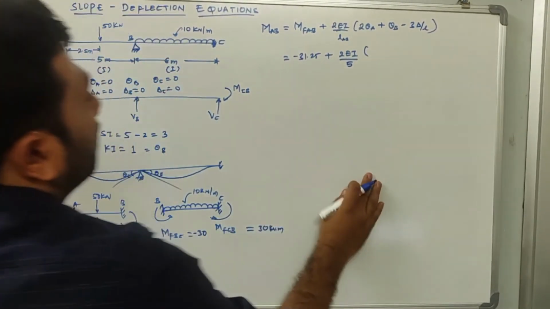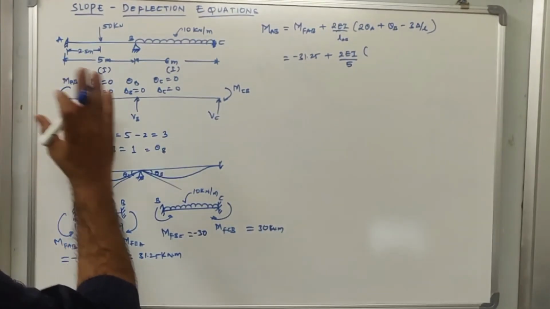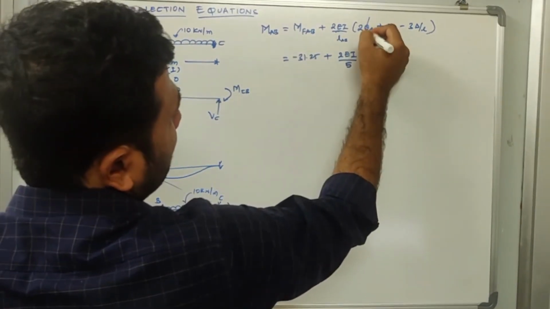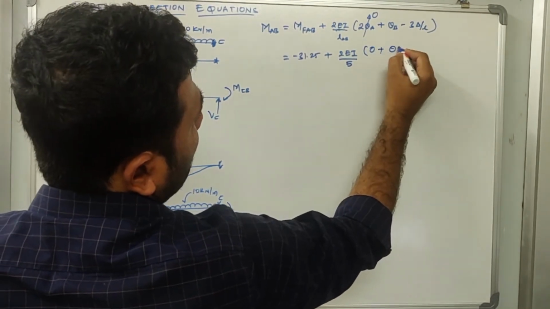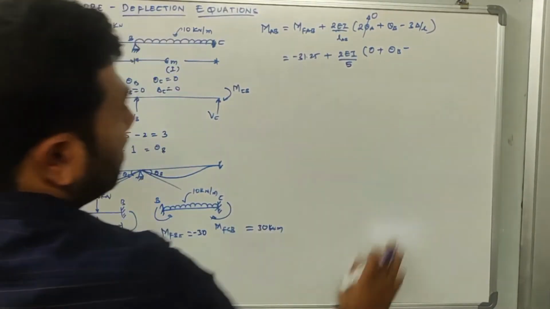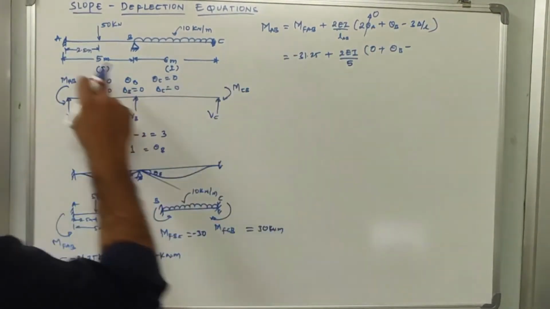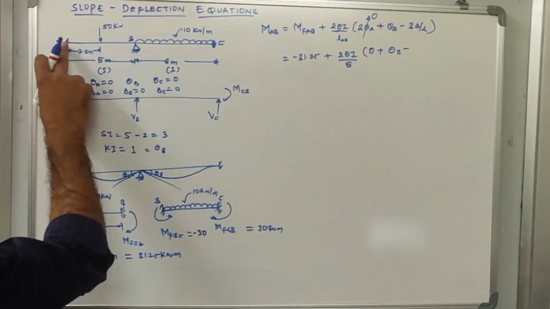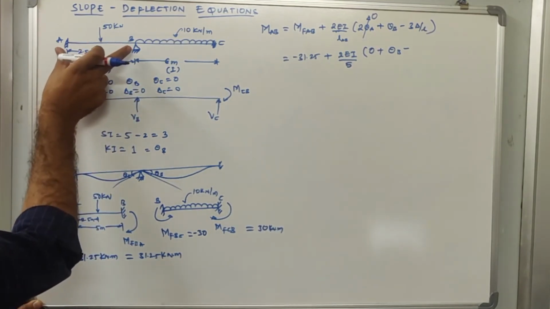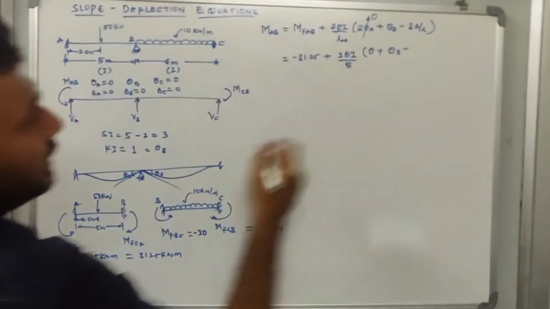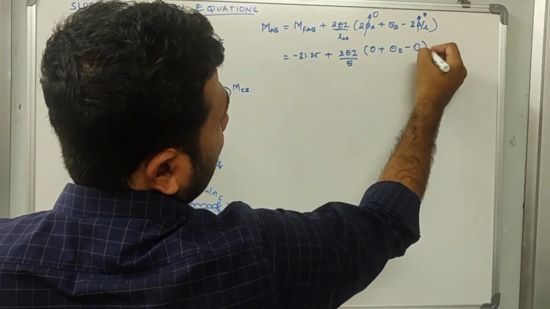Now from the compatibility equations which I wrote earlier, theta A will be equal to 0. It means I can eliminate this term, so it will be equal to 0. So 0 plus theta B minus delta. Delta represents the net deflection taking place between A and B. There is no deflection taking place, hence the delta value is also equal to 0 and that entire term becomes 0.